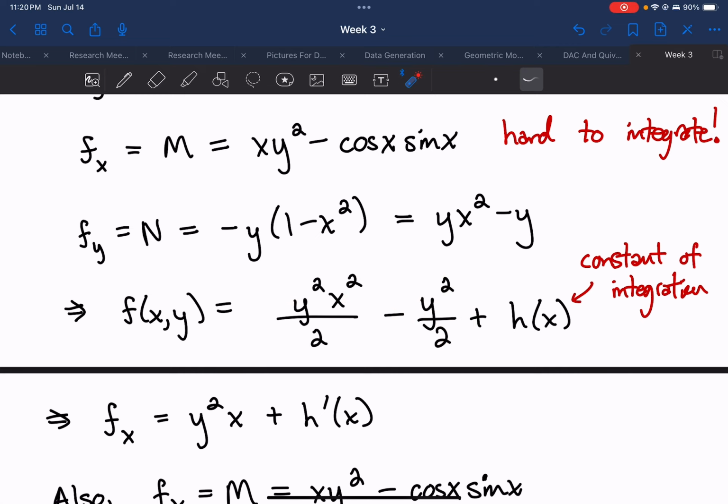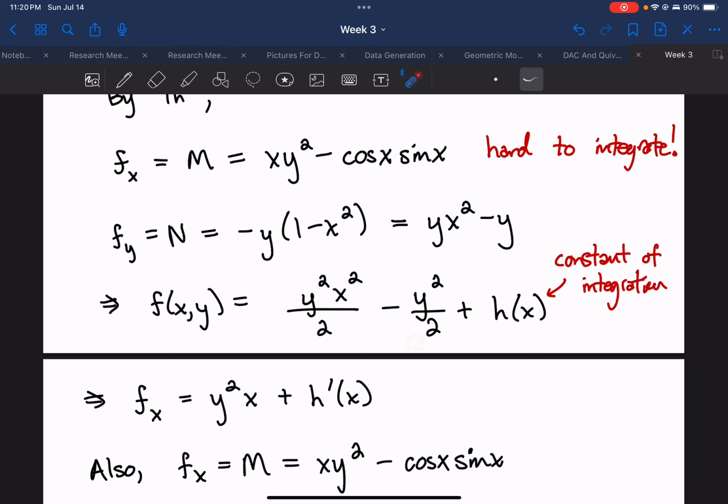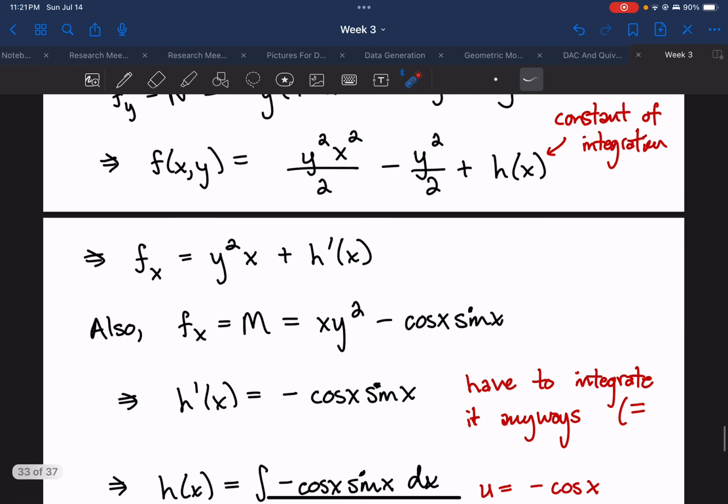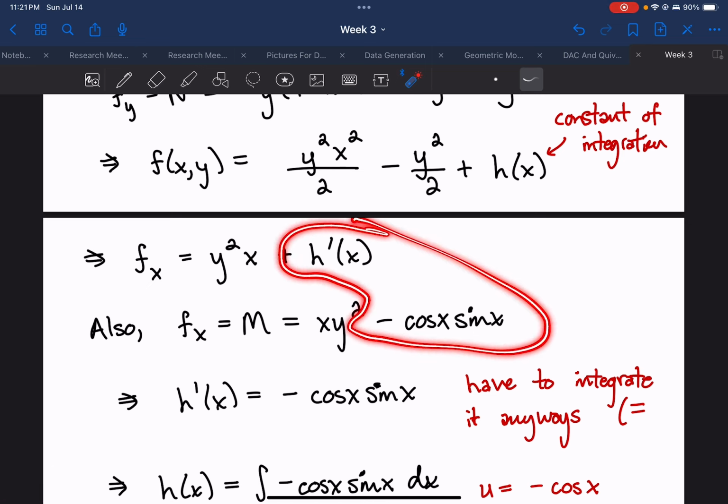This has no x's in it, so I get a big fat 0. And then the derivative of h dx is h prime of x. And now I compare. Here's m, here's this. The xy squared is the same, so negative cosine sine should be h prime, right? Since this is m, h prime should be negative cosine x sine x.